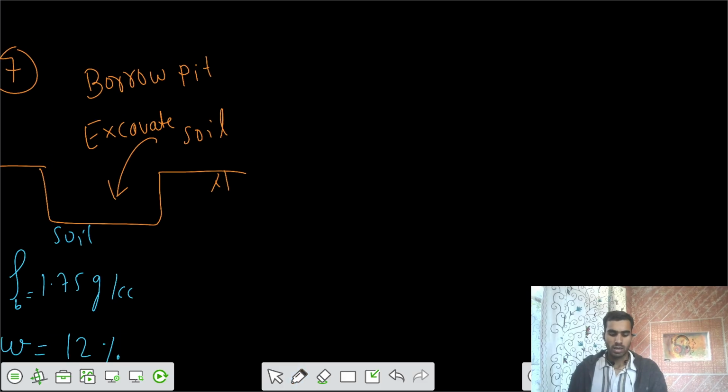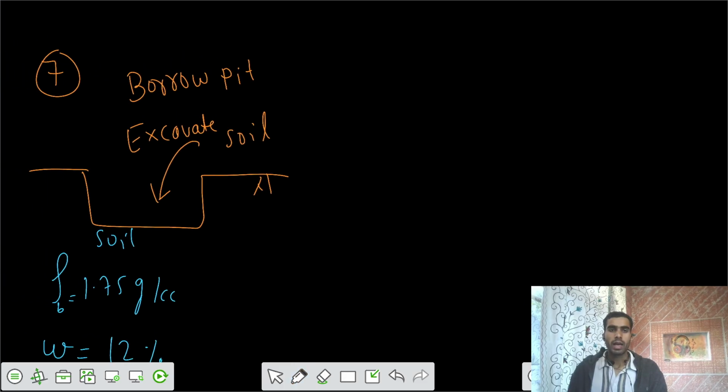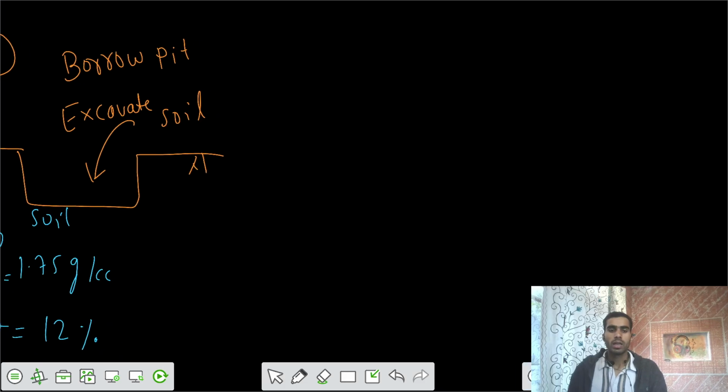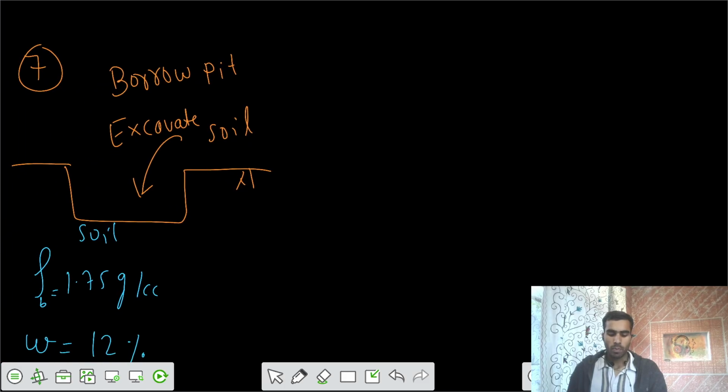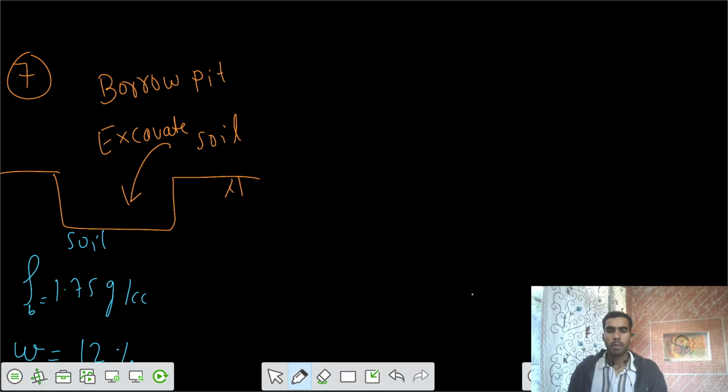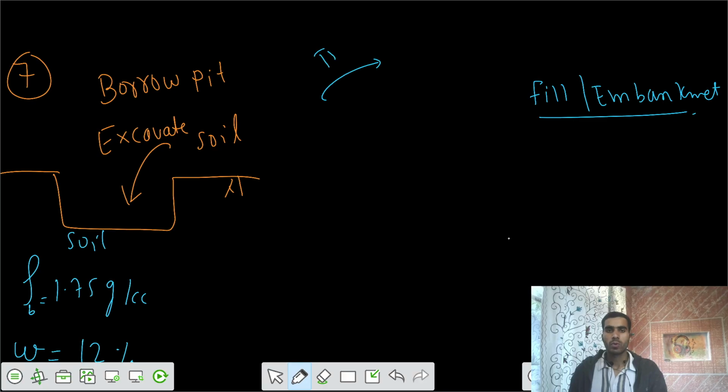Now we want to transport this excavated soil to some location where I want to compact this soil, at a particular location that we call an embankment, or we can say a fill. So there is transportation of this soil to some other location.